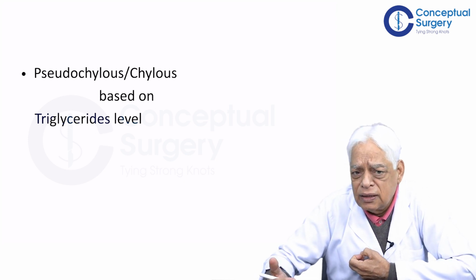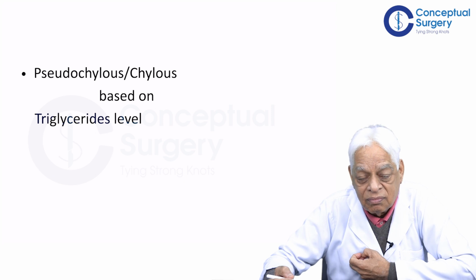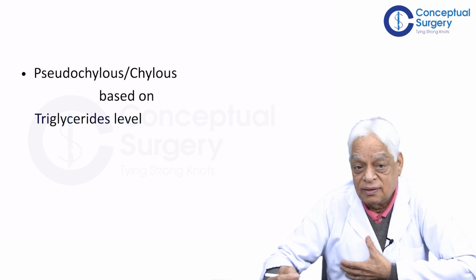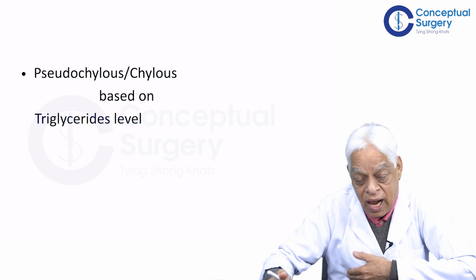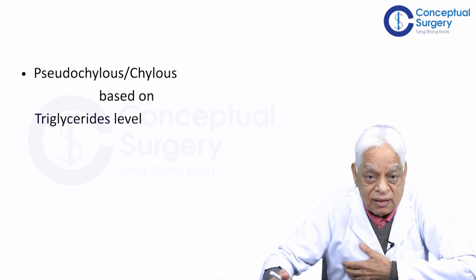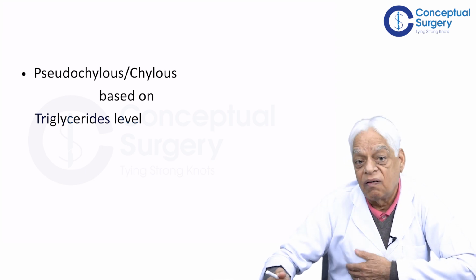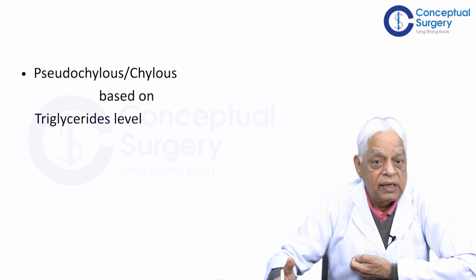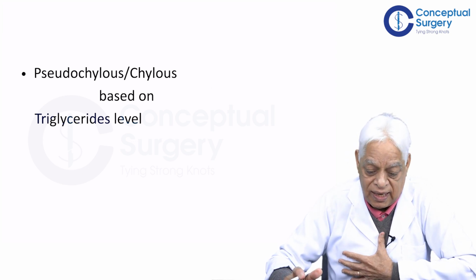Since acetone can dissolve the fat, if it becomes clear, you are dealing with a Chylous ascites. If it remains the same color, it is called pseudochylous ascites, which can be because of any number of causes.